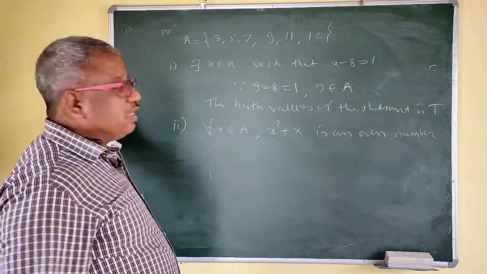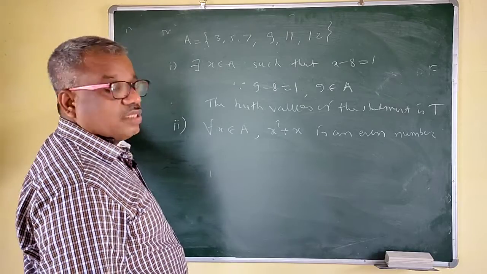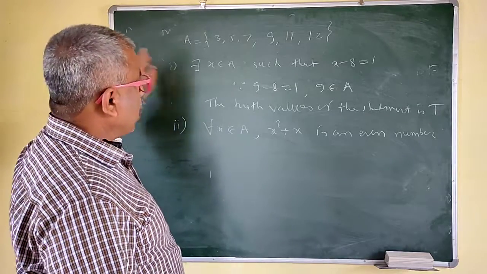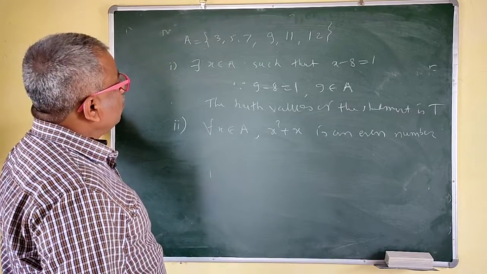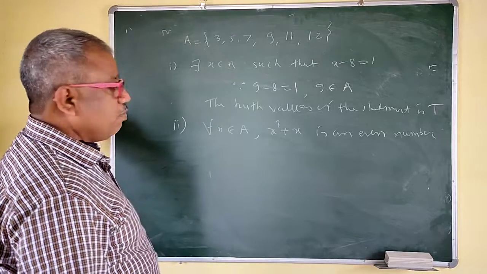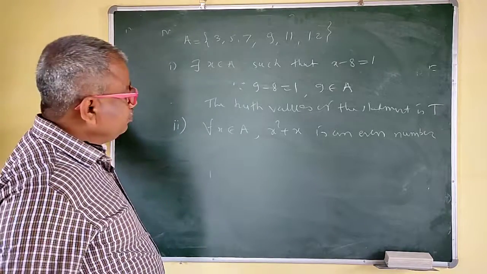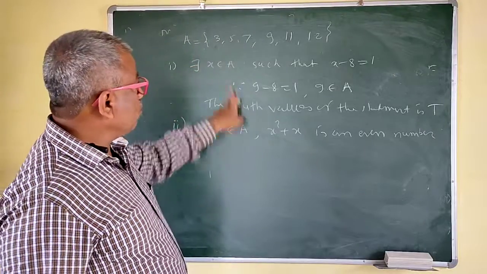Product of two even numbers is always even. But product of two odd numbers is always odd, and the square of an odd number is always odd. Right? What about the sum of two odd numbers? Sum of two odd numbers is always even. Now see here. You have to check for all.